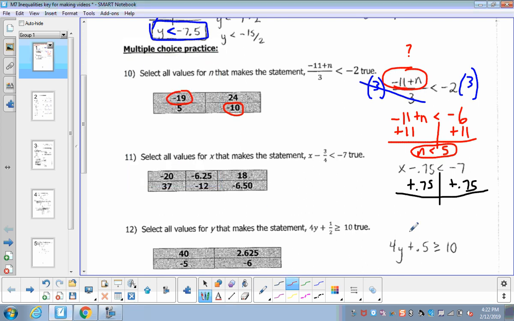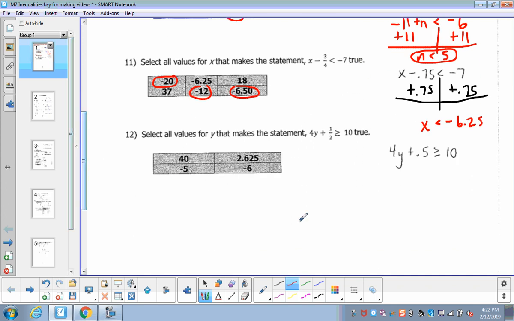So x here is less than -6.25. Now over here, when we go pick all of these, we're trying to find anything that is smaller than -6.25. So -20 would work. We're not going to pick the -6.25 because it doesn't have the or equal to. The positive numbers are obviously too big, but a -12 and a -650, those are all going to be smaller than our -6.25.